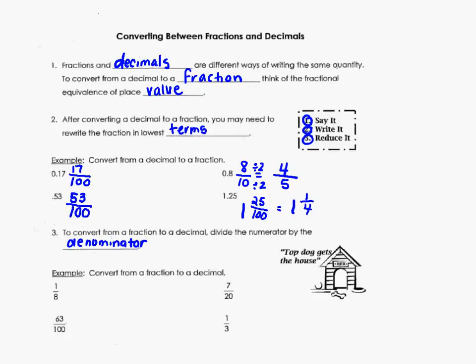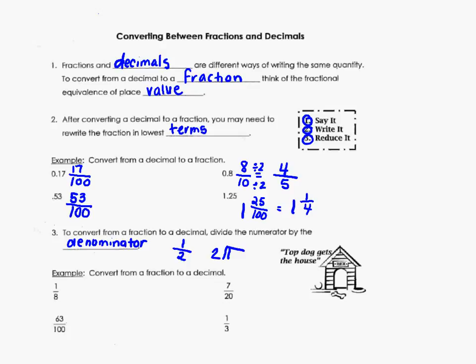So if I had a fraction of 1/2, if I say top dog goes in the house, I'm going to have 1 divided by 2. And we can also remember that our fraction bar means divided by, so I could read it 1 divided by 2.